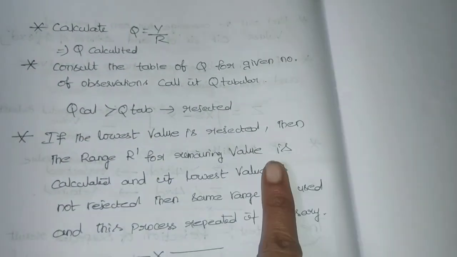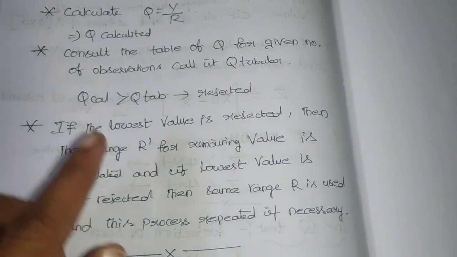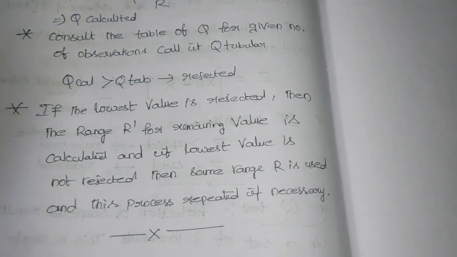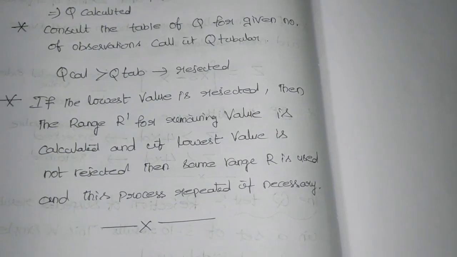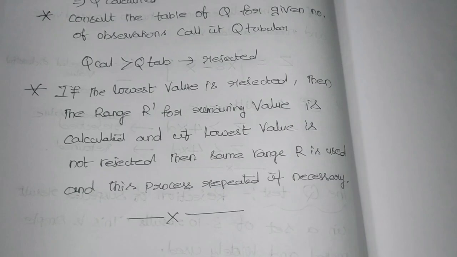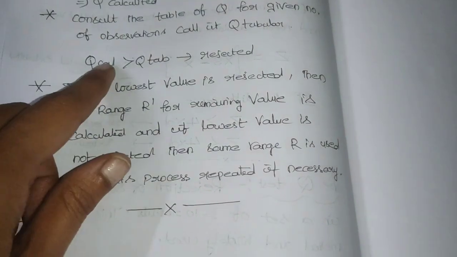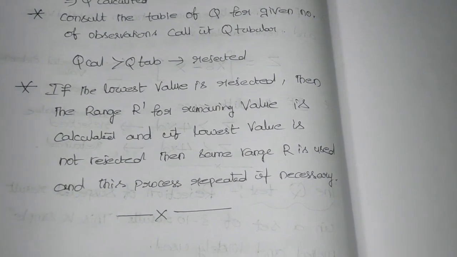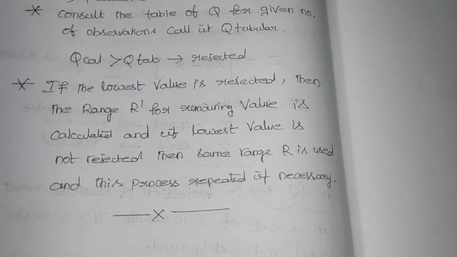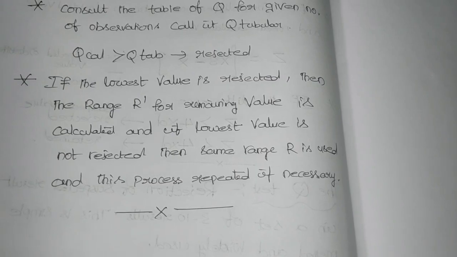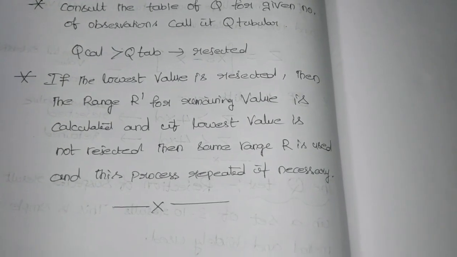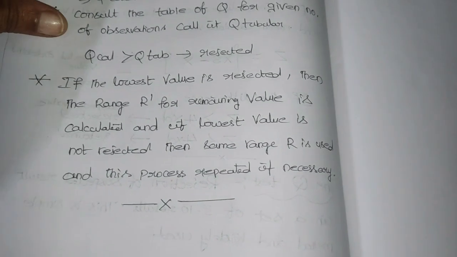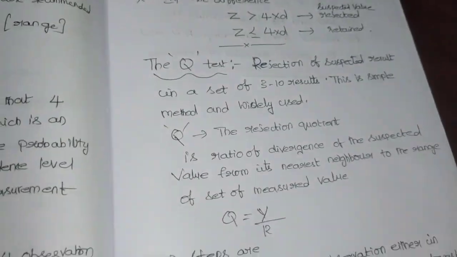If the lowest value is rejected, we calculate the range R' for the remaining values: highest value minus the lowest value after removing the rejected one. If the lowest value is not rejected, the same range is used, and we can repeat this process to identify the suspected value to remove. This is a very easy, important and widely used process.